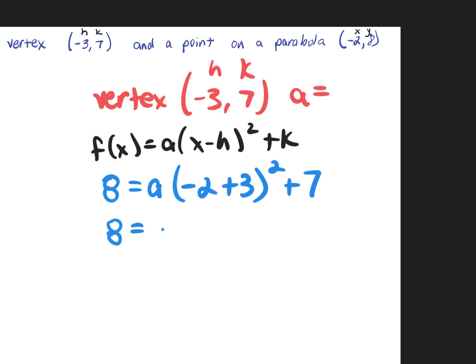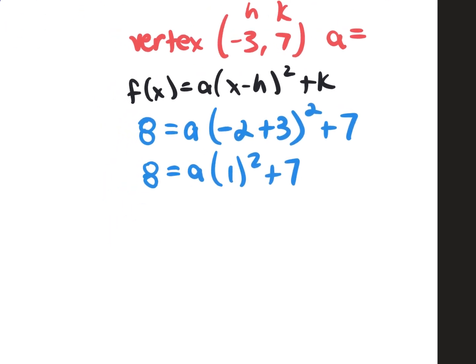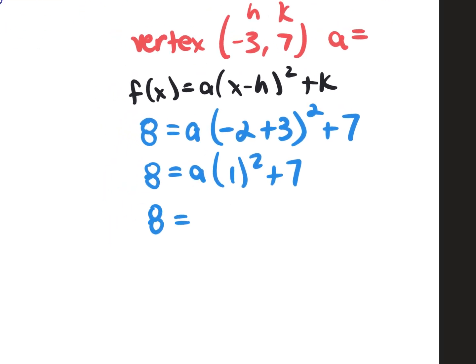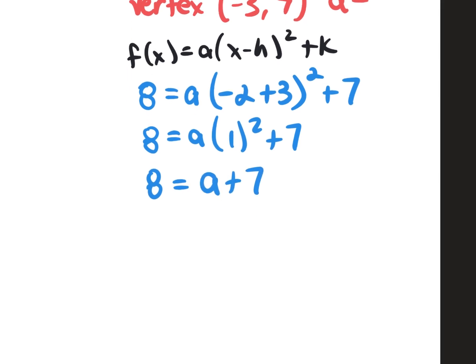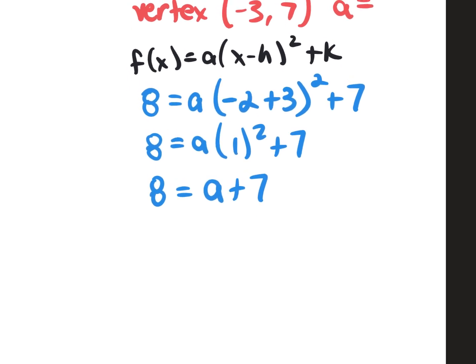So 8 equals a times, what's negative 2 plus 3? 1, so 1 squared. All right, so I have 8 equals 1 squared is just 1, so a plus 7. Now what? Minus 7 from both sides. So a equals what? 1.